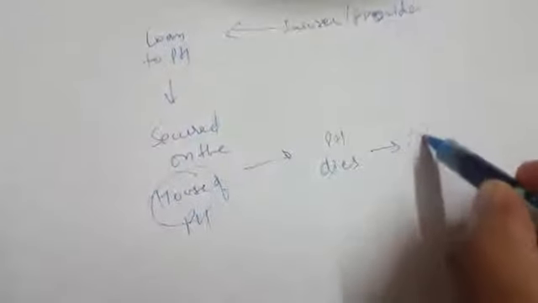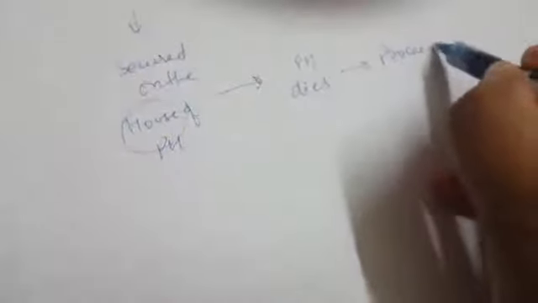When the policyholder dies, his house is sold and the proceeds of sale are used to repay the loan, along with the interest component, to the provider.